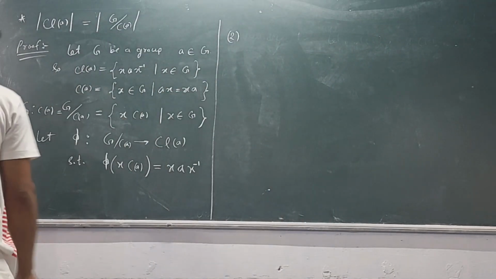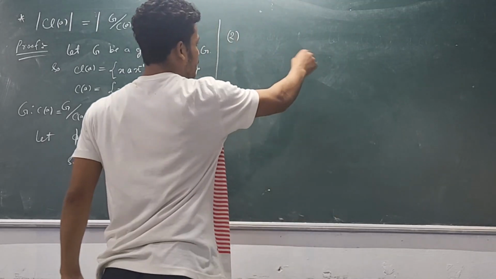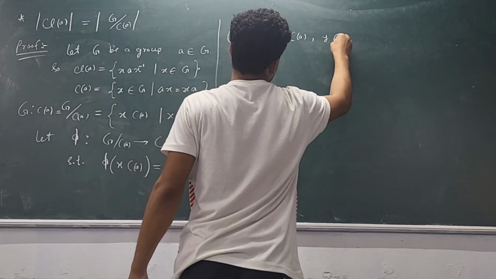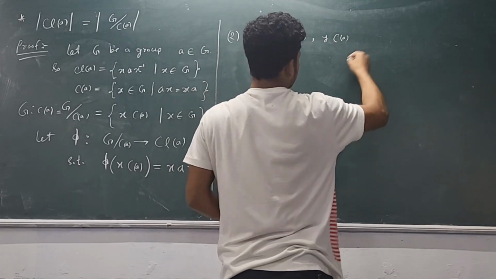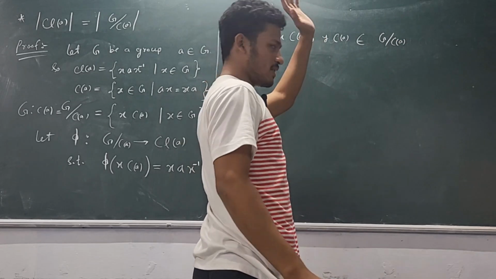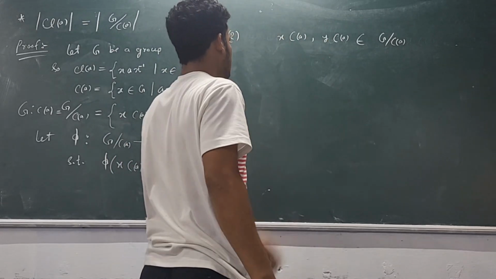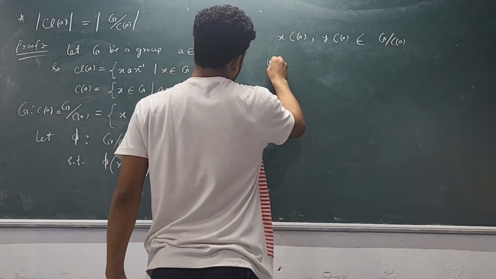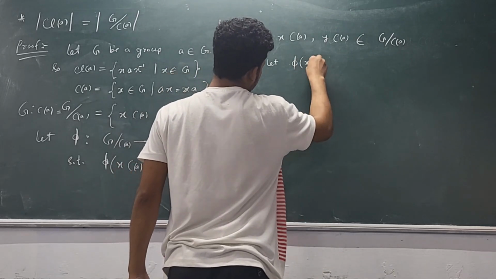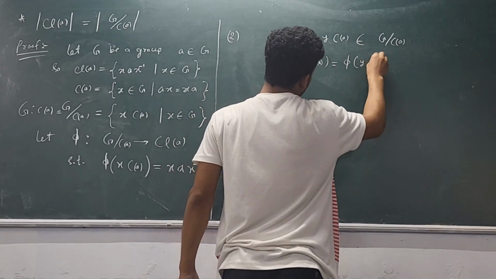So take any two elements and their images. So what elements have we taken? The elements we have taken are these xCA and yCA. These two are elements in the domain G by CA. Now let the images of these two elements be equal, that means let phi of xCA be equal to phi of yCA.